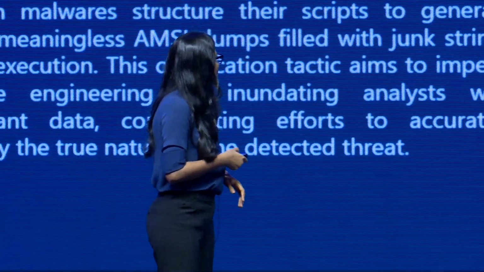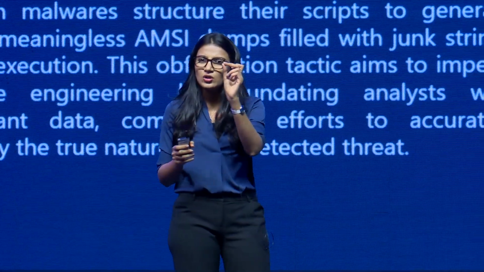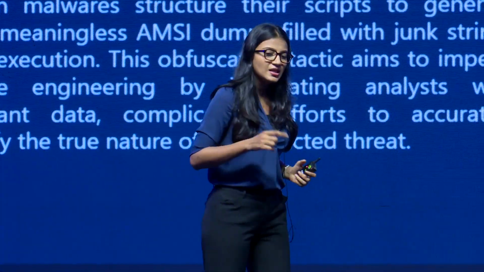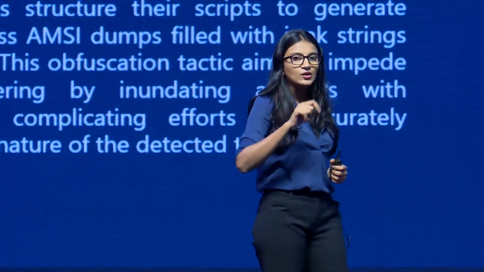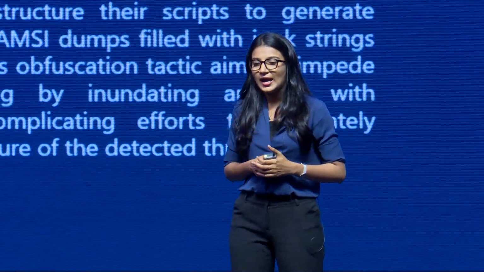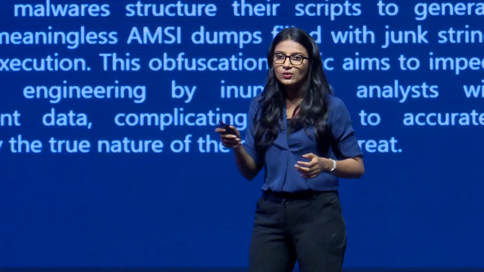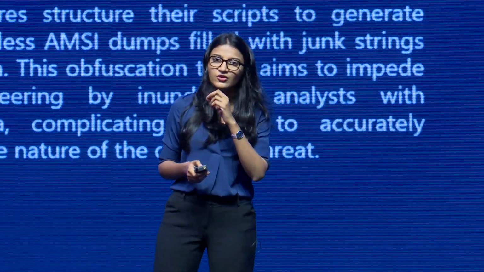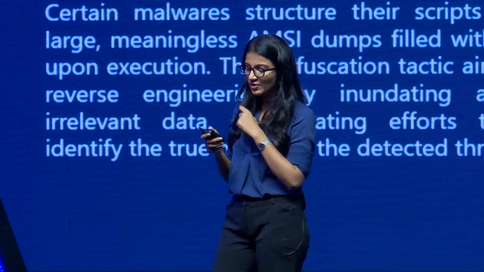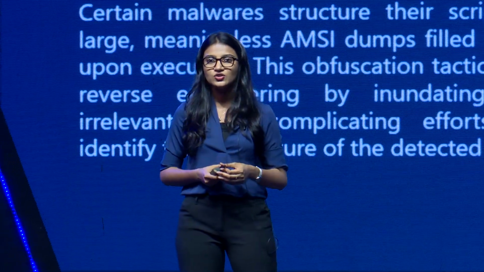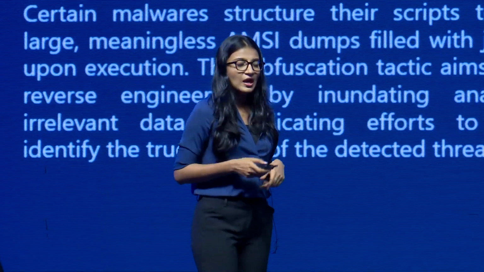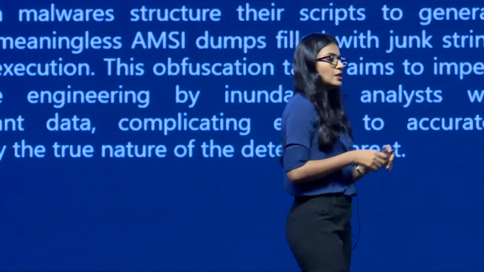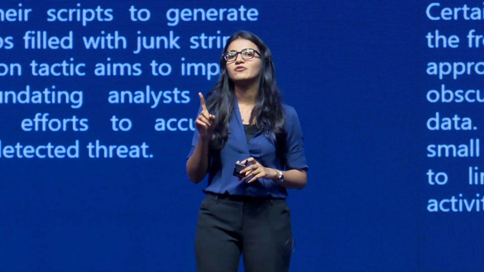And number two, you will get all these small AMSI buffers. Let's just say they are trying to download a payload from a C2 site, and they're using the utility .DownloadString. In one buffer, you're going to get the dot. In one buffer, you're going to get Download. In one buffer, you're going to get String. So could you target it? No. One of the things with AMSI is you can only target one buffer at a time.